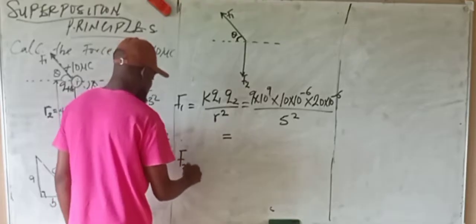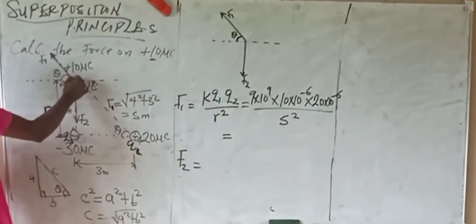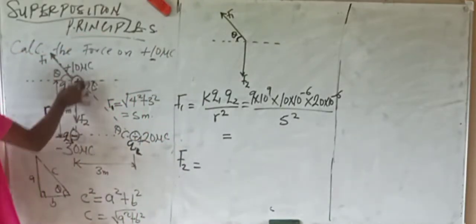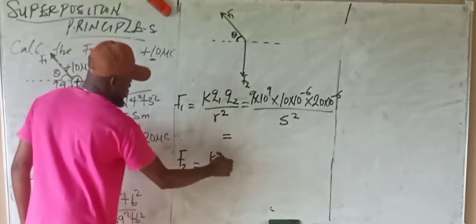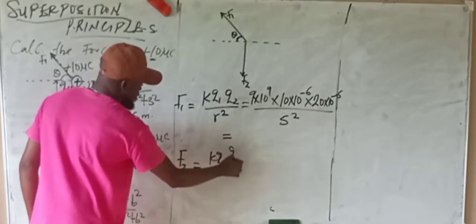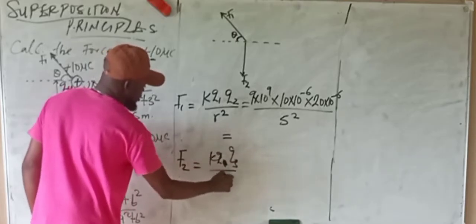What about F2? Between this 10 and this minus 30, that's our F2. That will be K Q1 Q3 over the distance squared.